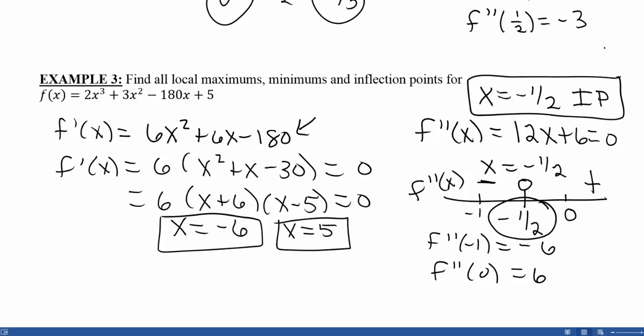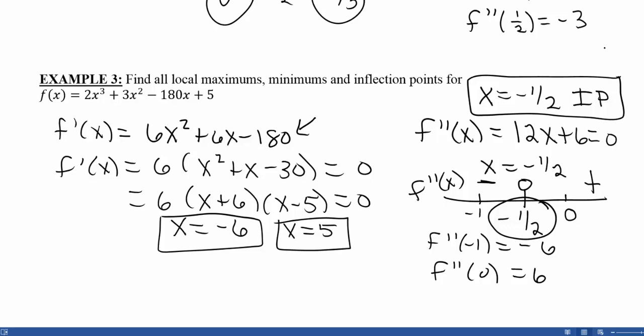Now, I also need to classify my critical points. So notice that one of my critical points is to the left of negative 1/2, and one of my critical points is to the right of negative 1/2. So since I know the concavity to the left and right, that will also tell me if my critical points are going to be local maximums or minimums. I can also plug them directly in, but it'll give me the same result.